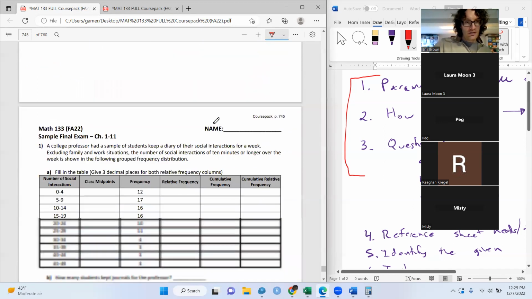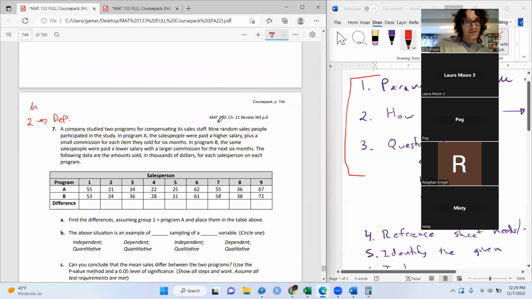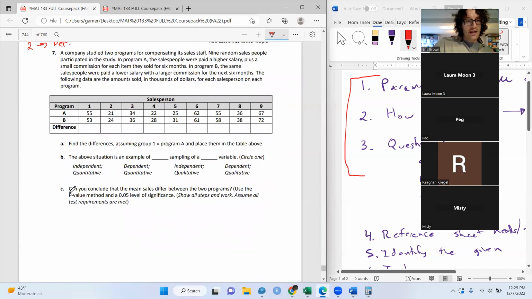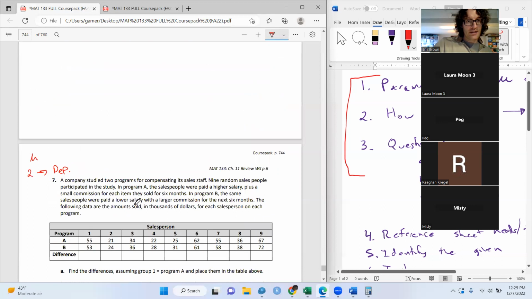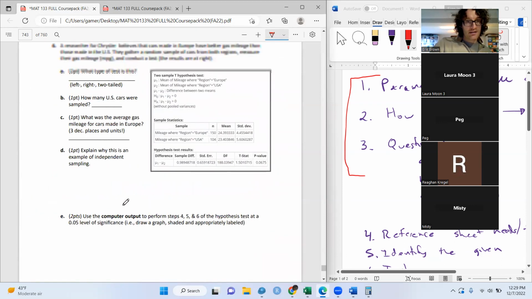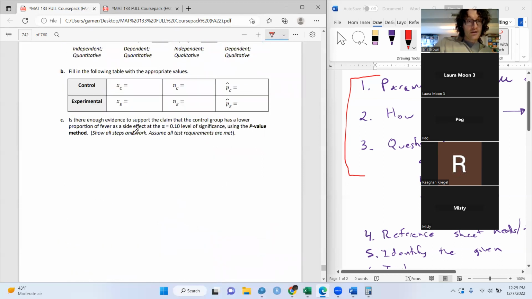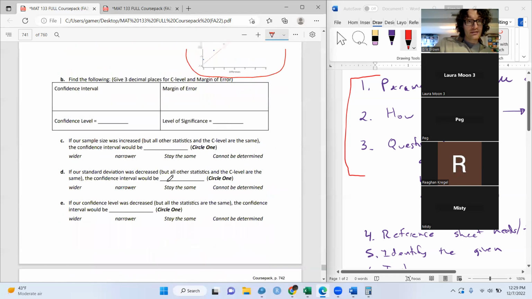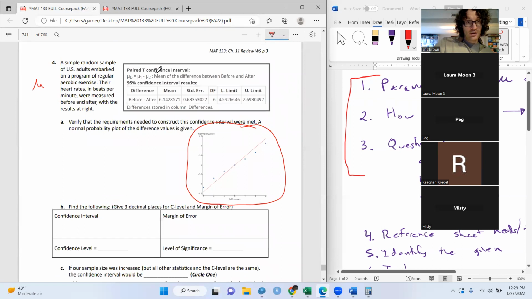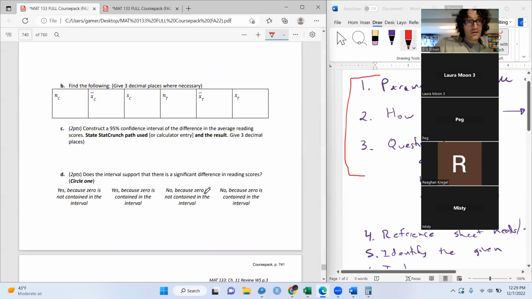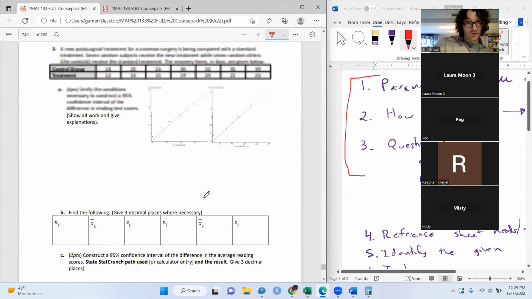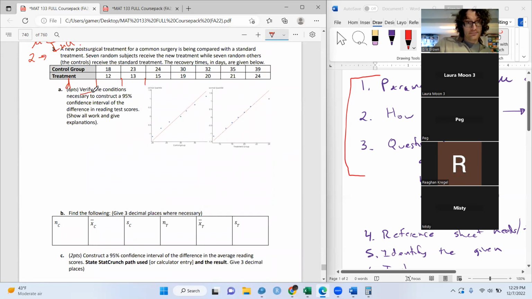So we have mostly looked at all of the problems on here. We haven't answered all of them. Note, can you conclude this is a hypothesis test? Here's a hypothesis test with an output already made for you. Here's a hypothesis test. And here's a confidence interval with a readout. And here's another confidence interval with some verifying.